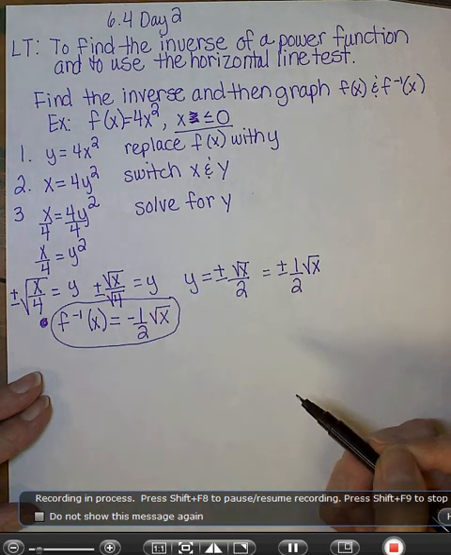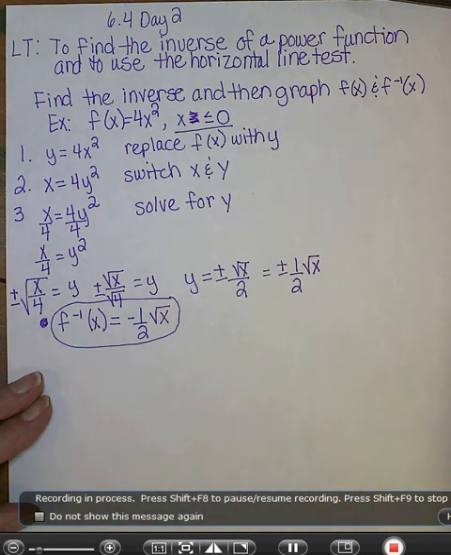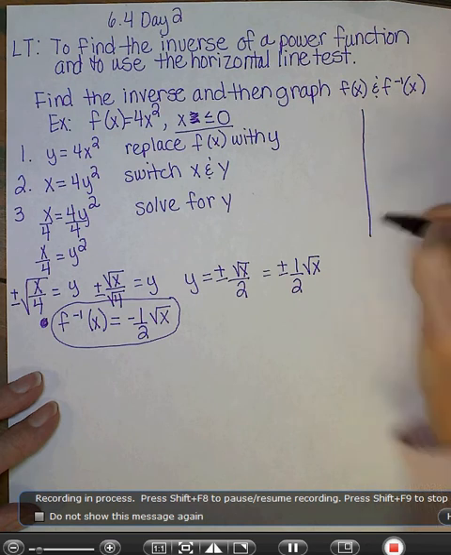Okay, now it wants us to graph both the f of x and the inverse function. So we're going to graph that in the same coordinate plane. So let's make our coordinate plane up here.